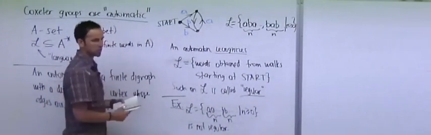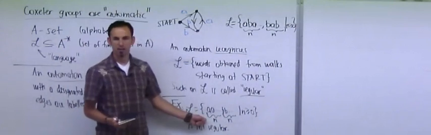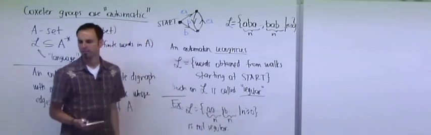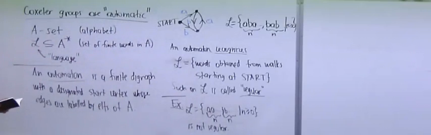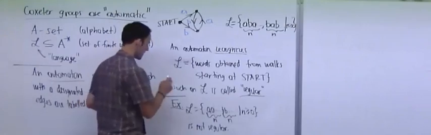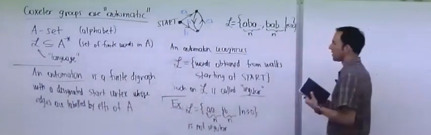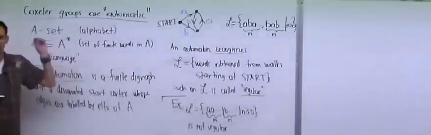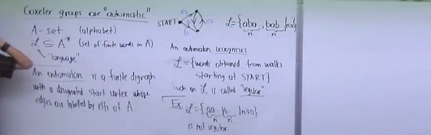So you should convince yourselves that it's impossible to build a finite graph for which these are exactly the walks in that graph. Okay? Are these definitions clear? Is it clear what a regular language is?